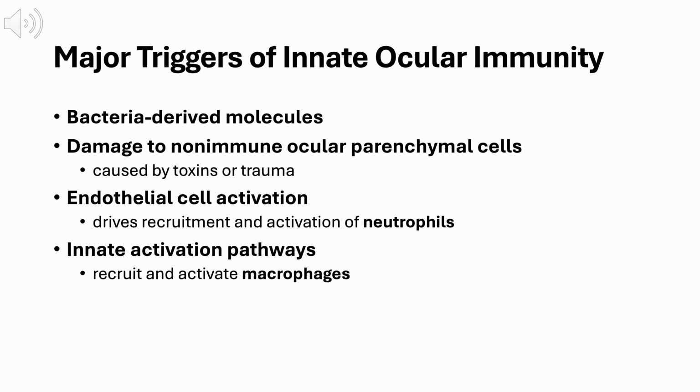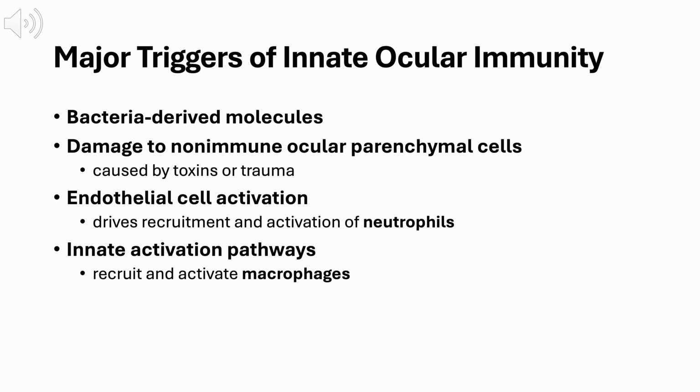The major triggers of innate ocular immunity include both microbial signals and tissue injury. Bacteria-derived molecules can be recognized directly by pattern recognition receptors, while toxins or trauma can damage non-immune ocular parenchymal cells and release danger signals, even in the absence of infection.